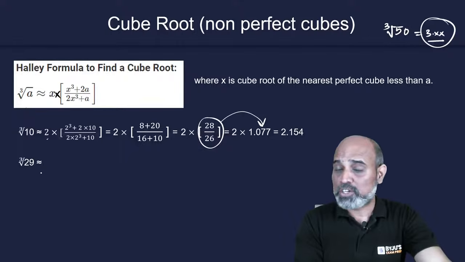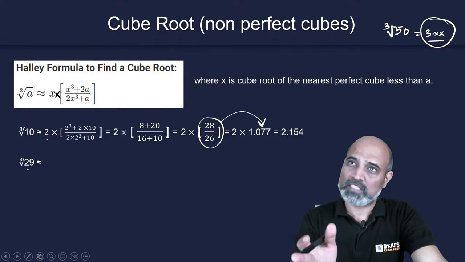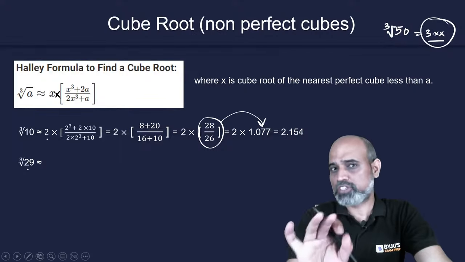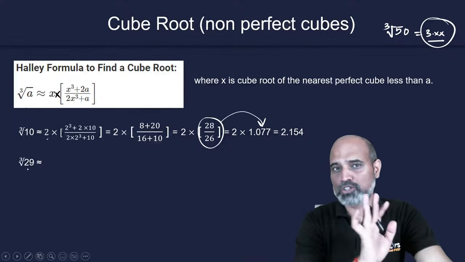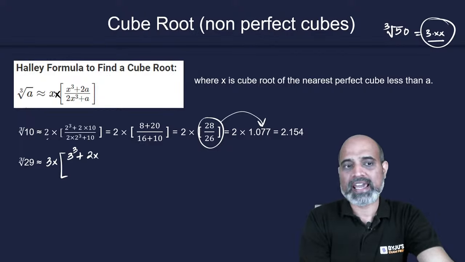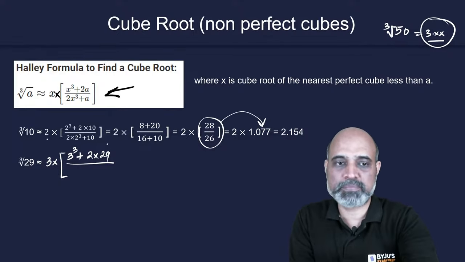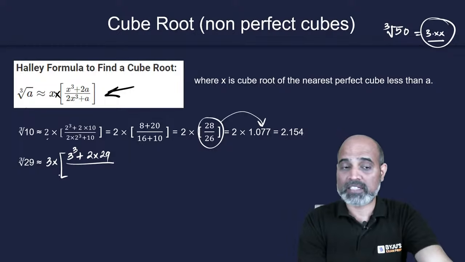So if I want to find out what is cube root of 29, so पहले cube root of 29 is going to be how much? Pretty sure 3 point something, क्योंकि 27 का cube root तो 3 होता है. So I'll be doing that 3 over here. Since x is 3, so I'll be doing 3 cube plus 2, a is 29, so I'll be writing down 29. मैं ऊपर वाले फॉर्मूले में पुट कर रहा हूँ guys. ठीक है, अगर आपको समझ नहीं आ रहा कि मैं किधर से लेकर आया.